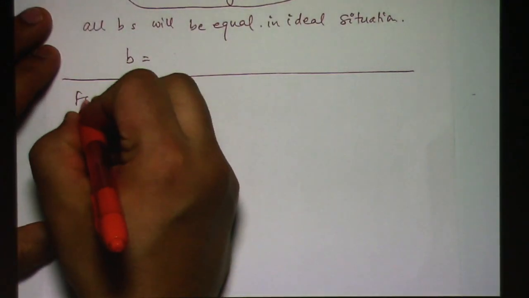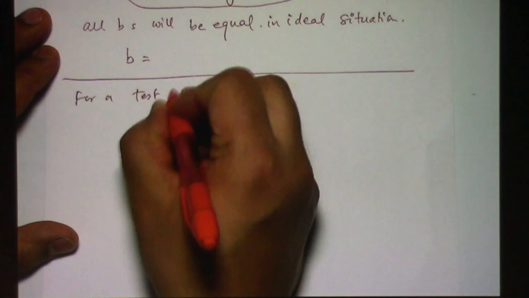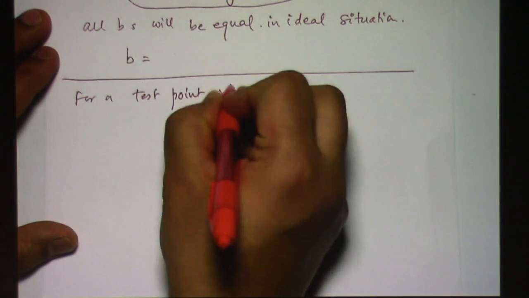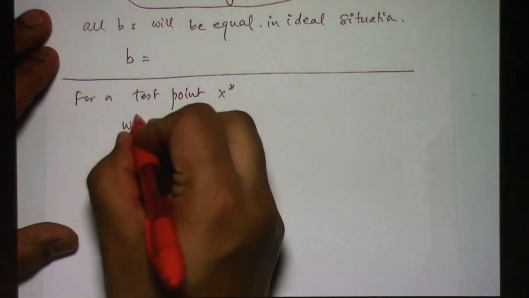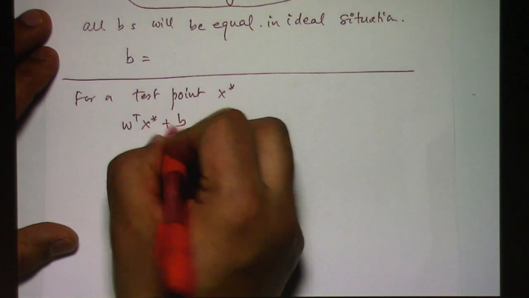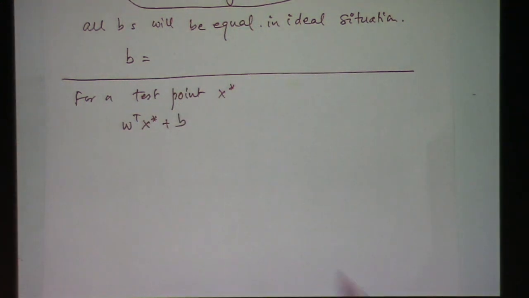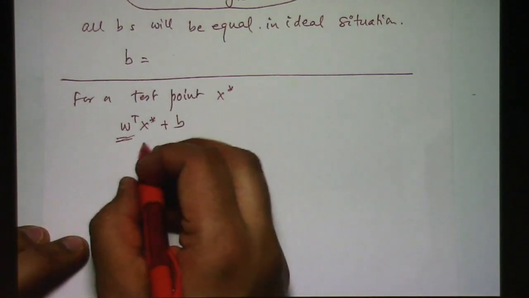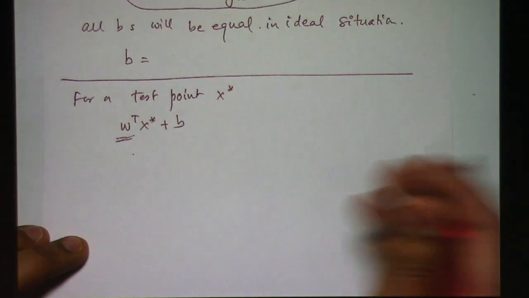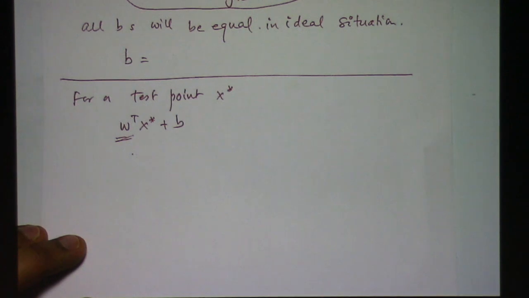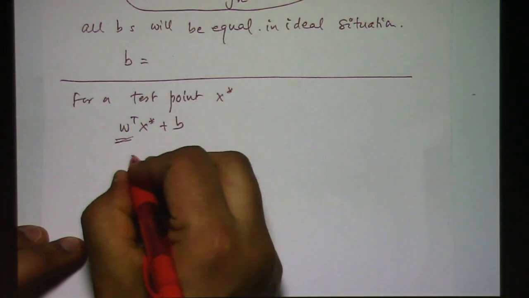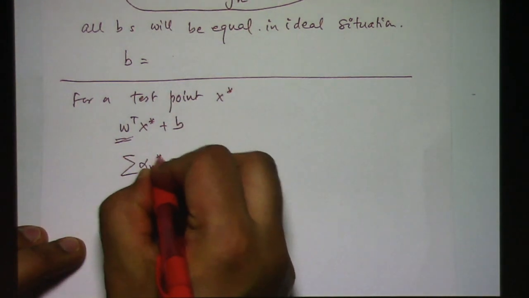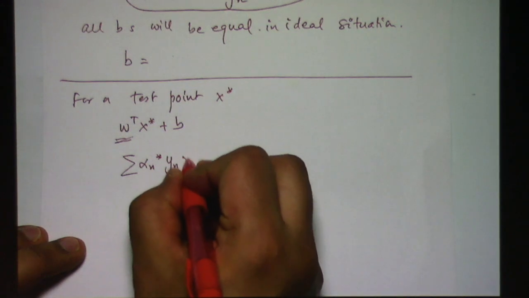For a test point, let's call it X star, what we need to compute is W transpose X star plus B, and then we check if it is greater than or less than 0. But we can substitute W with summation of alpha n star yn xn.